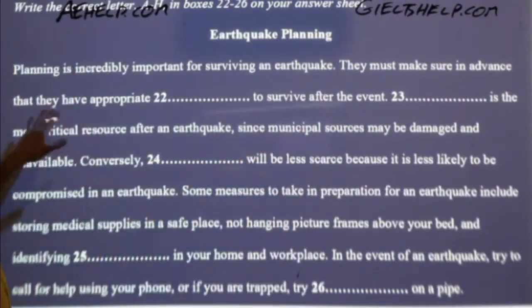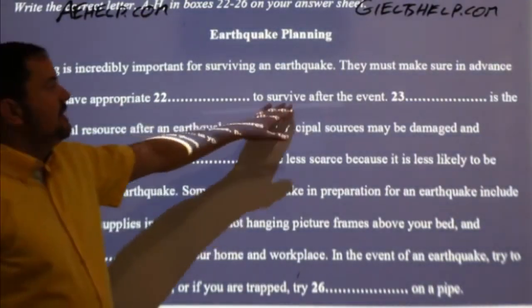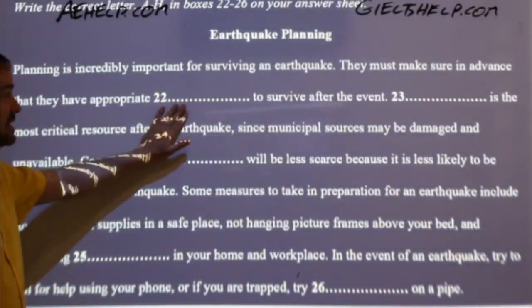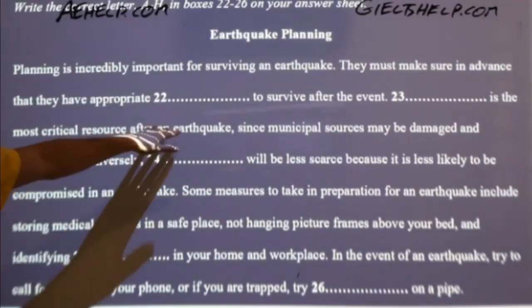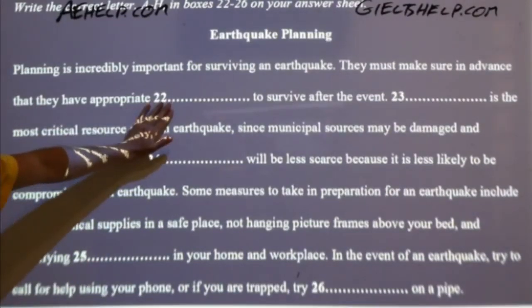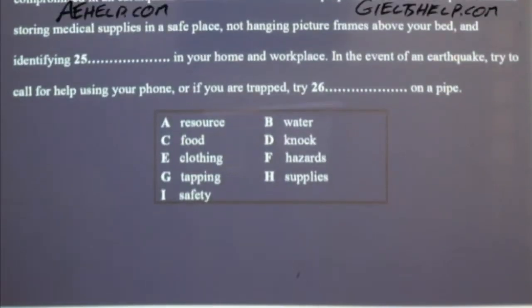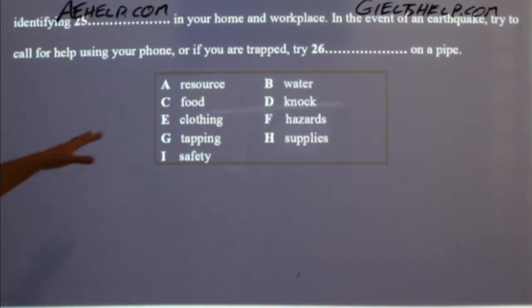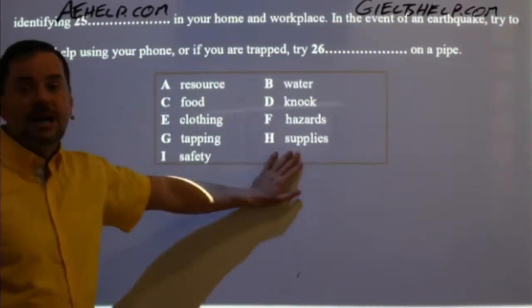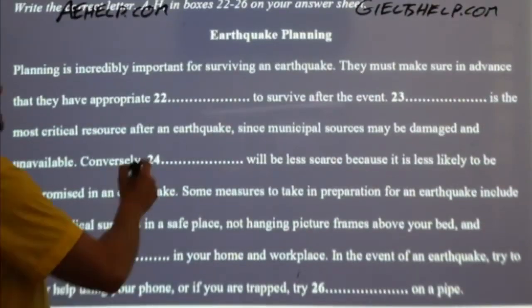They must make sure in advance that they have appropriate supplies to survive after the event. Supplies would be my word. So they must make sure in advance that they have appropriate supplies or equipment. Maybe equipment or supplies. Something like that would be my guess. So I look, let's see. I don't see equipment, but hey, look at that. I see supplies there. Okay, that looks good. So I put in the letter H, and I keep going.